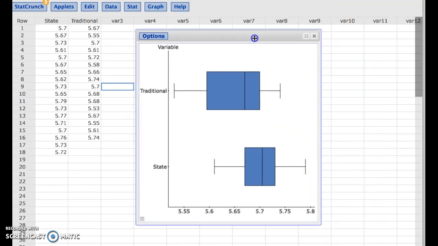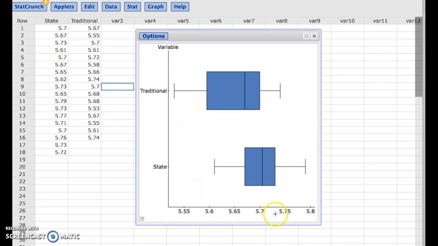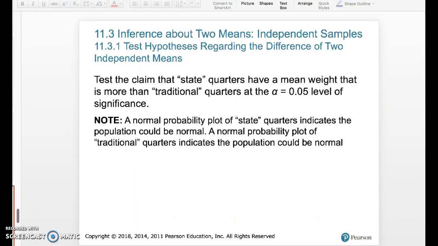And this is insightful as well because it shows us that the box plot for the state quarters is higher up, meaning those weights are higher, which sometimes helps you set up your null and alternative if you're having trouble picking it out from the way the problem is worded before you look at the data. So no outliers on either one, we are good to go. So let's go back to our slides and take a look at our setup.